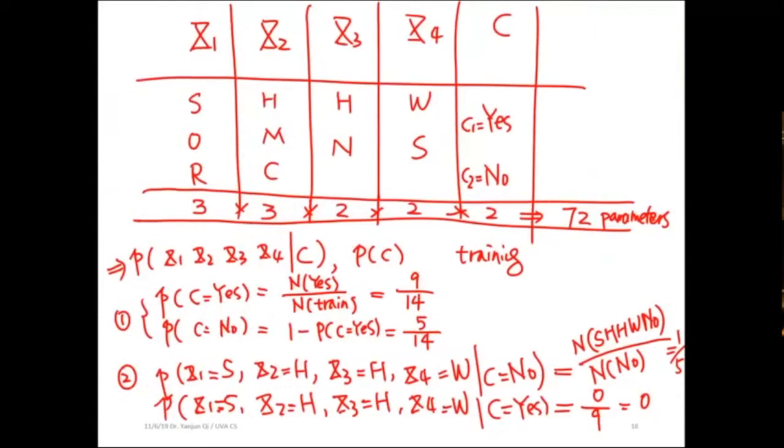So this is the model of a generative Bayes classifier. This P, whatever combination, conditioned on each C, is the parameter you need to estimate from the data. This is the parameter of your model, this generative Bayes classifier model. Question about this?